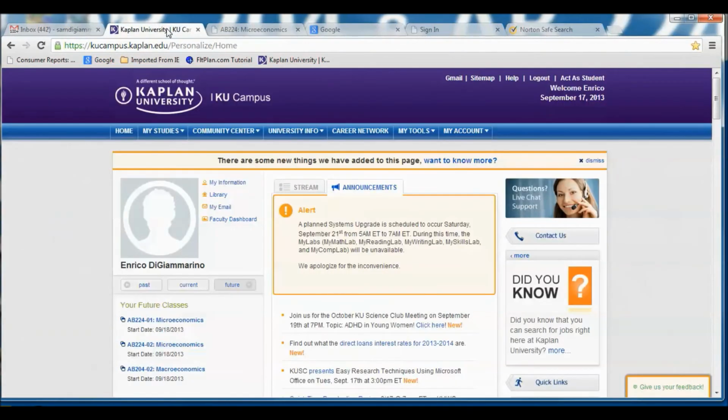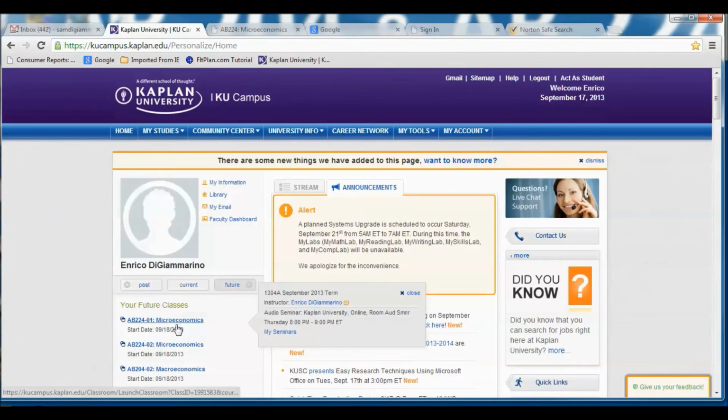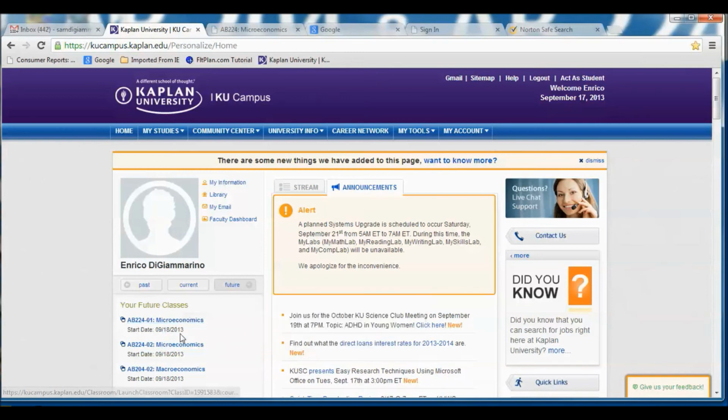If you remember where you signed into your course, there's information right down here that gives you the link for your seminar for the time that it's open. It doesn't show here because I'm recording this prior to the start date of your class, so it doesn't show the seminar start time. But it will whenever you get ready, and it'll do that each week. You click on that link, and it takes you to your seminar.